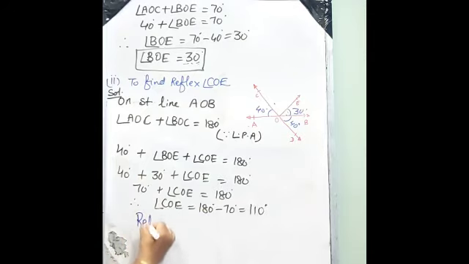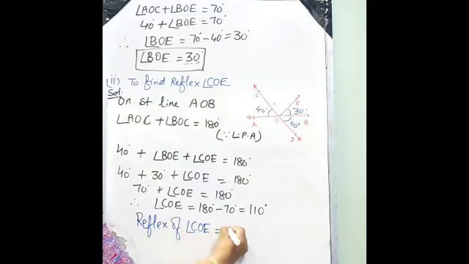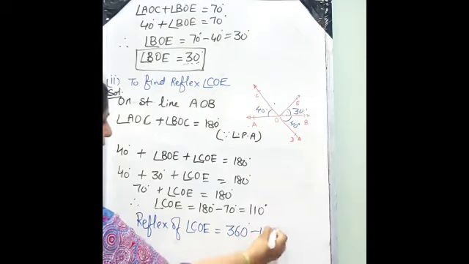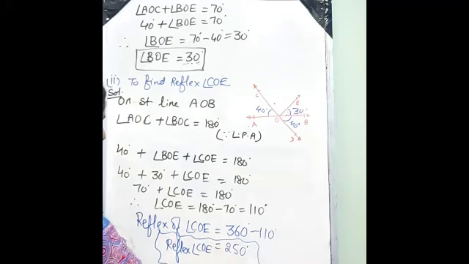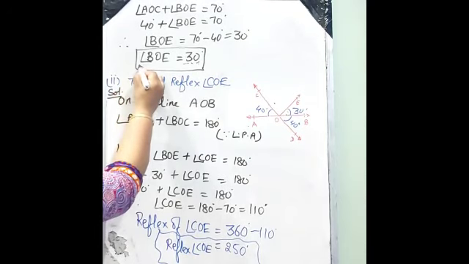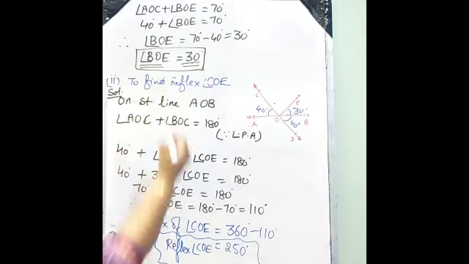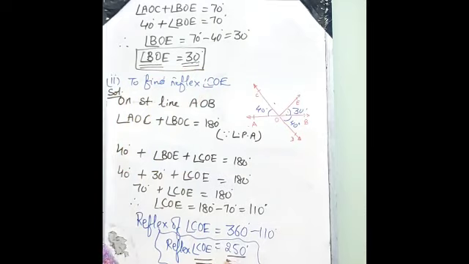Now reflex of angle COE equals, if I subtract this angle from 360 degrees, then I will obtain reflex of angle COE, which is 250 degrees. So the answer of this question is angle BOE equals 30 degrees and reflex of angle COE equals 250 degrees.